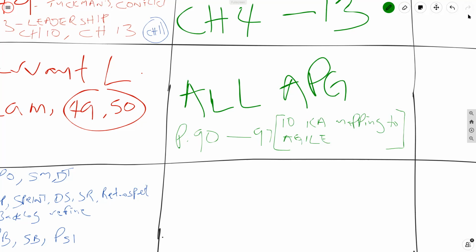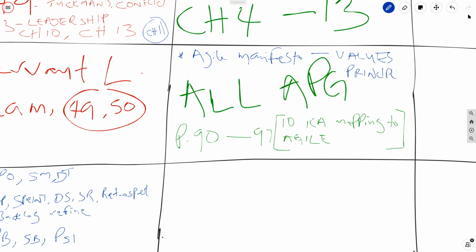Very important. I should also point out here, let me do that in a different color for attention. You want to understand your Agile manifesto, values, and the principles.